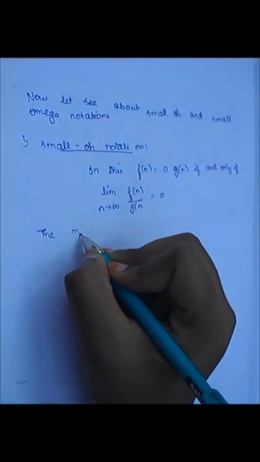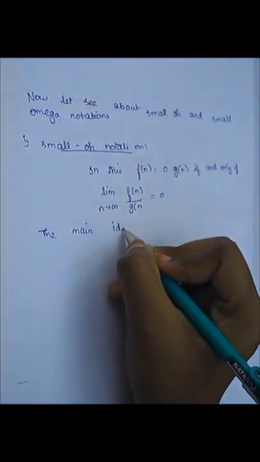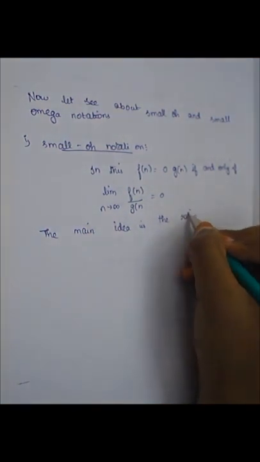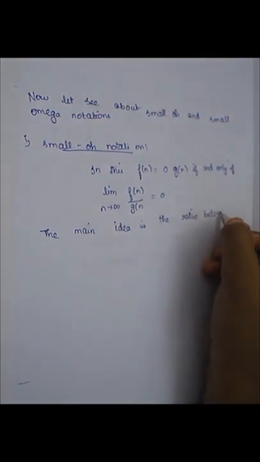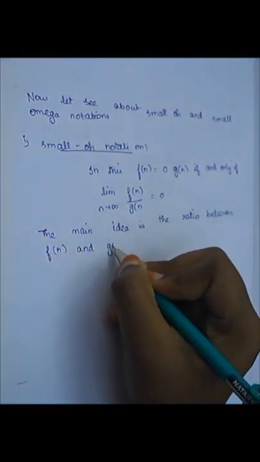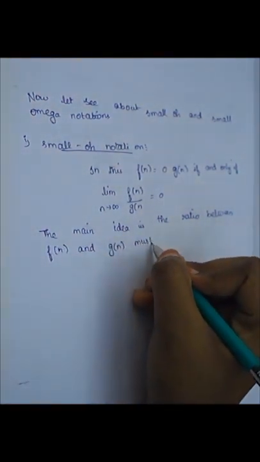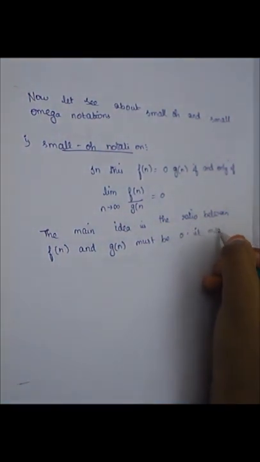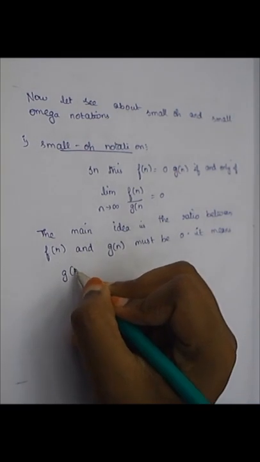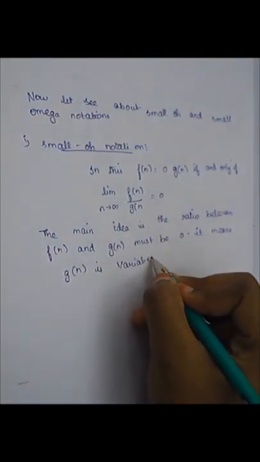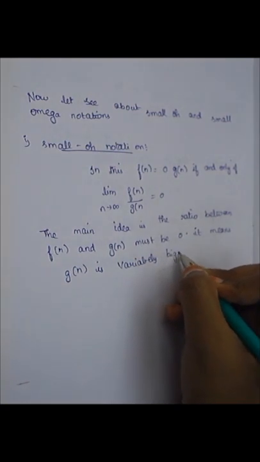The main idea is the ratio between f of n and g of n must be 0. It means g of n is variably bigger than f of n.